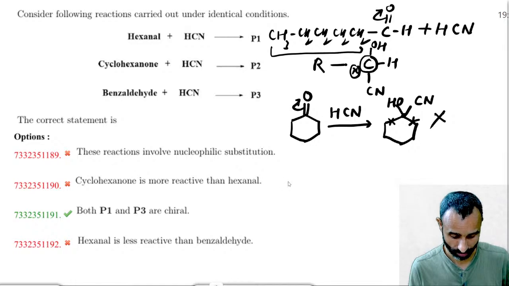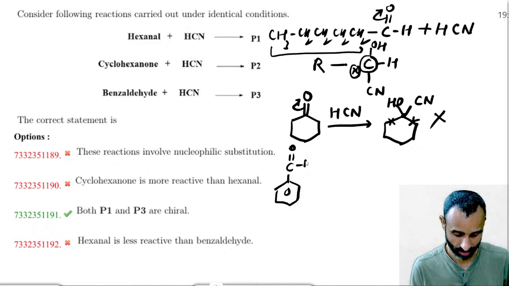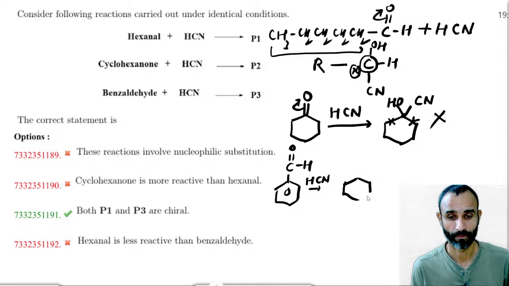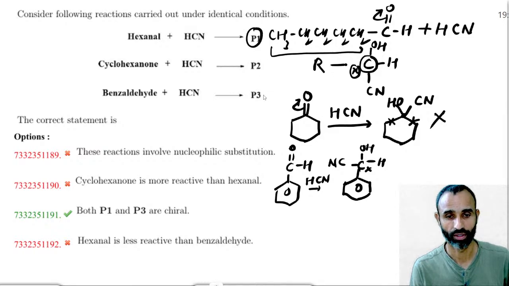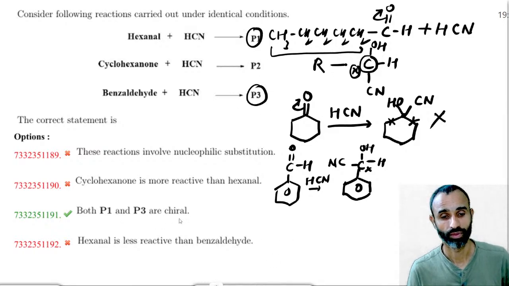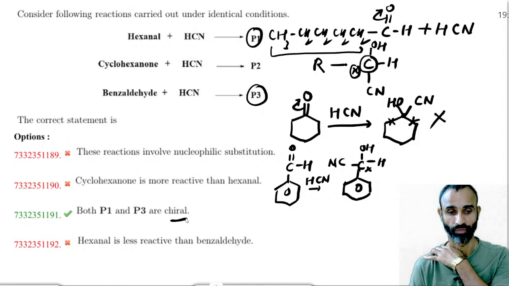But in case of benzaldehyde, again it is a chiral carbon. So P1 and P3 are chiral. Other statements can also be checked.